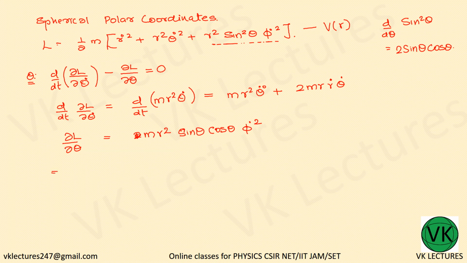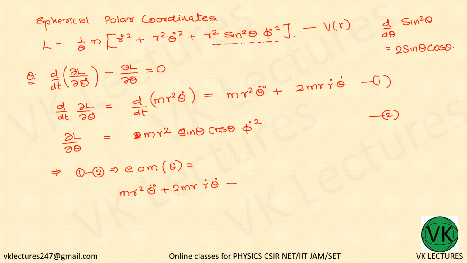Now we will write the equation of motion. So this is the first term, this is the second term which comes with a minus sign, so 1 minus 2 gives the equation of motion corresponding to theta, that is m r square theta double dot plus 2m r r dot theta dot minus m r square sine theta cos theta phi dot squared.